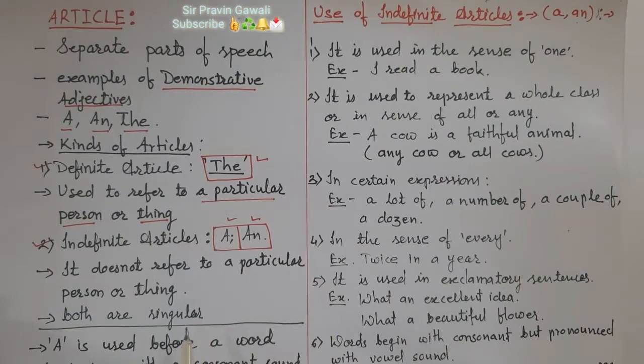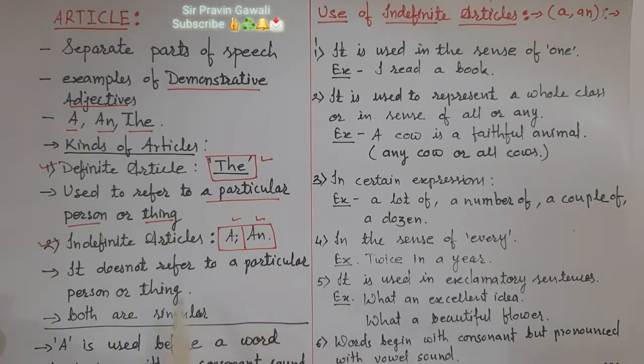Let's have some explanation. It does not refer to a particular person or a thing. It means that it doesn't refer to a specific or a particular thing. Whenever we want to use it in general, then we can use a and an. One more important thing we need to understand, both are singular.